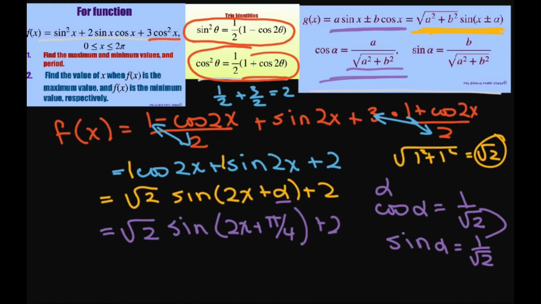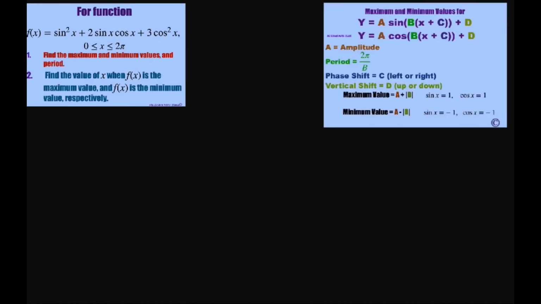All right, now we're going to do our question here, find the maximum and minimum value. And what we're going to do is look at this. We have f of x equals, and I'm going to squeeze it down here, square root of 2 times sine of 2x plus pi divided by 4 plus 2.